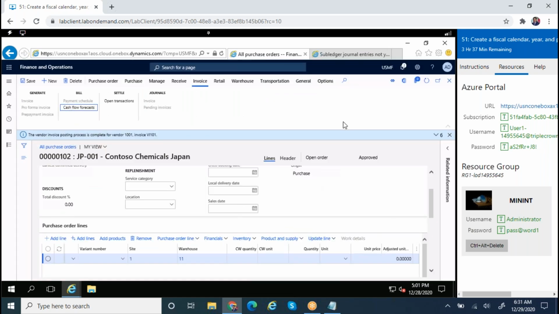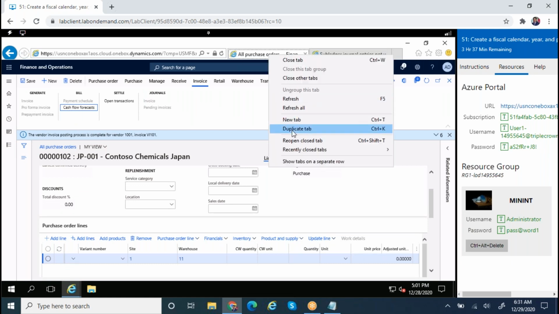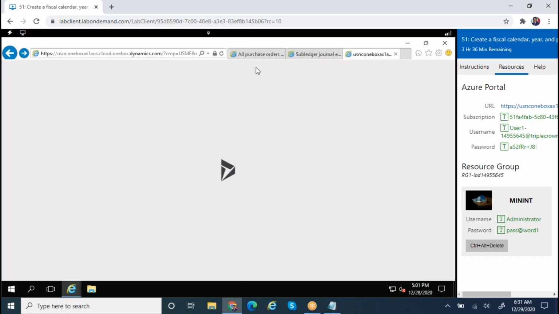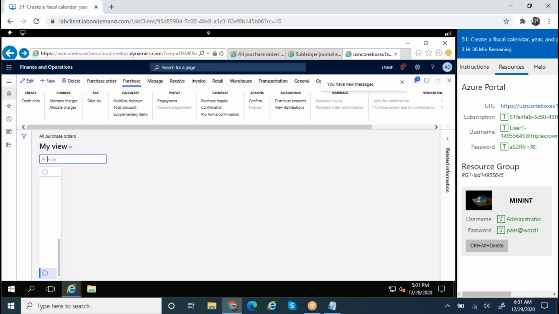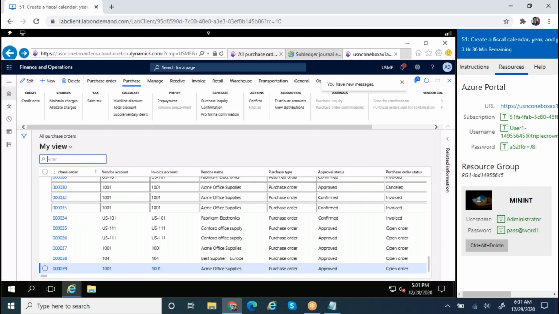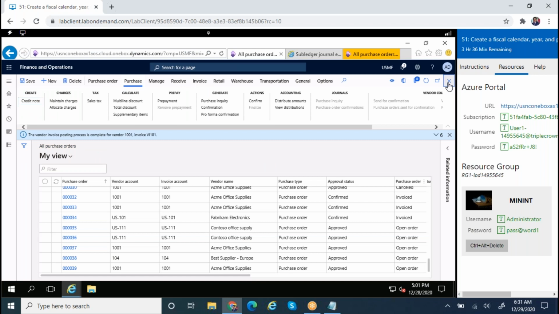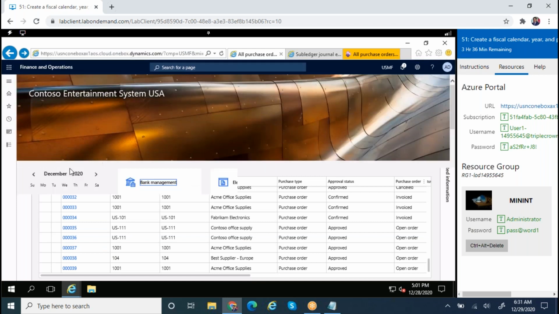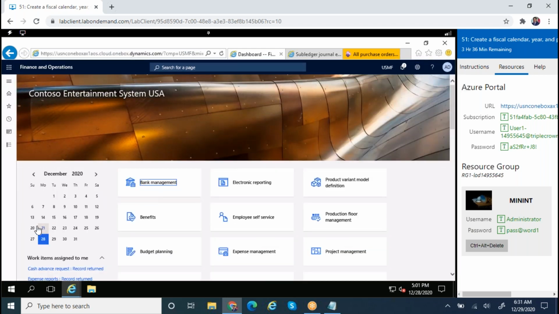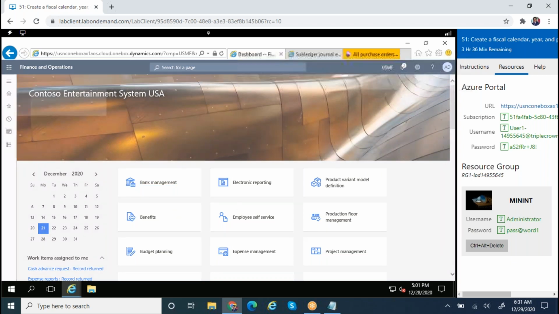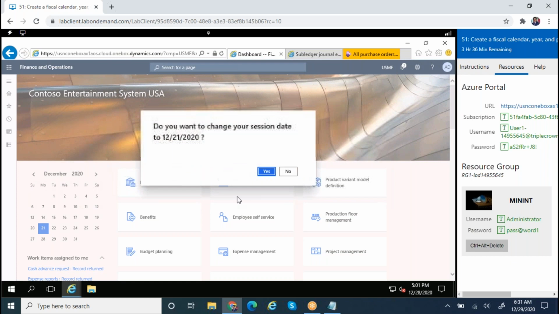Okay, now let me take a duplicate. For this 102 vendor, what I'm doing, I'm changing the session date to 21st. The session date is 21st.